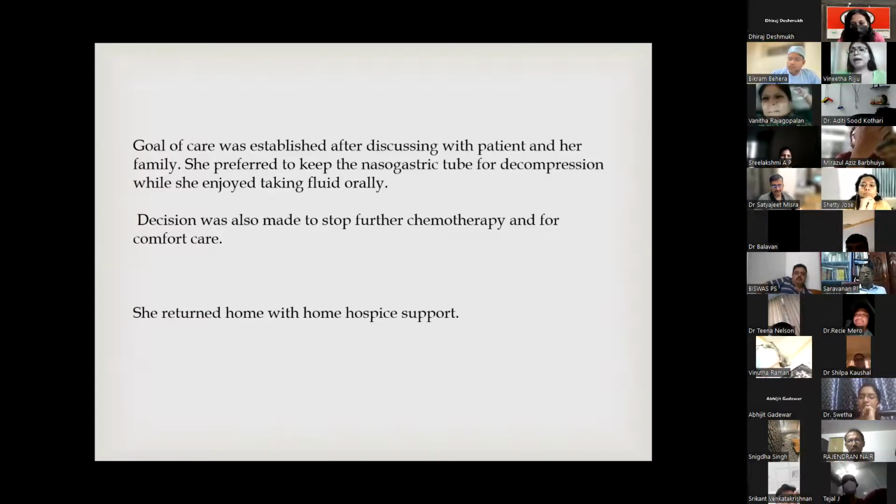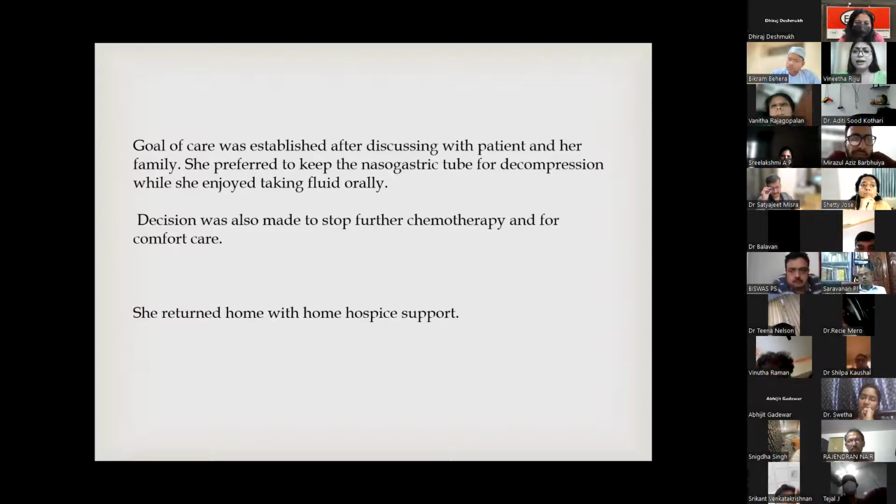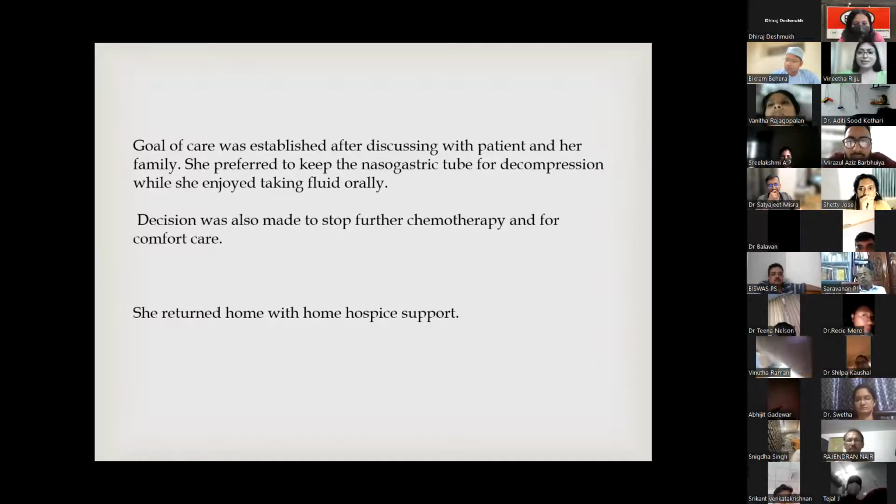So when do you think the goal of care should have been discussed? Was it after all these multiple episodes that she had? When do you think the family conference should have happened?